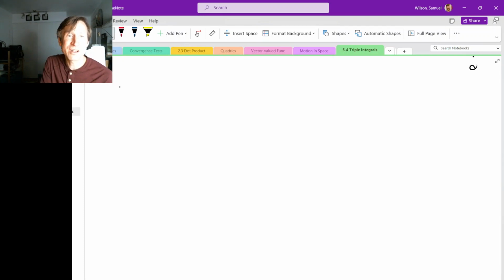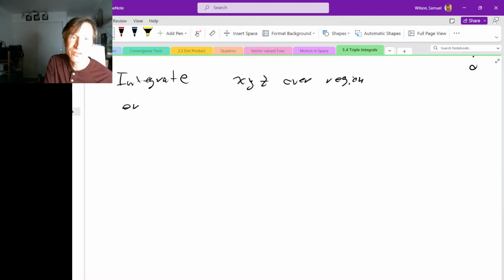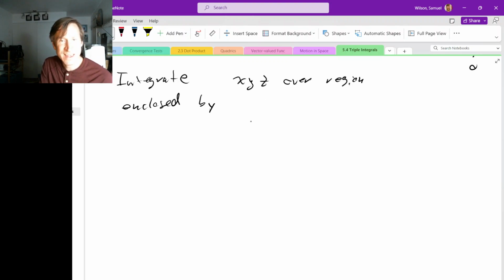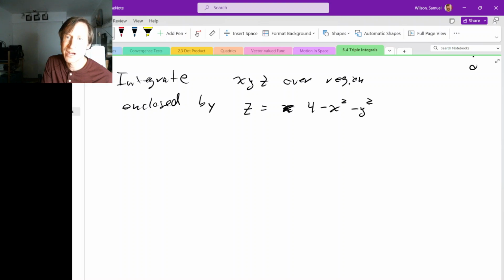So suppose we wanted to integrate some function, how about xyz, over the region enclosed by, let's say, z equals 4 minus x squared minus y squared, and z equals 0.